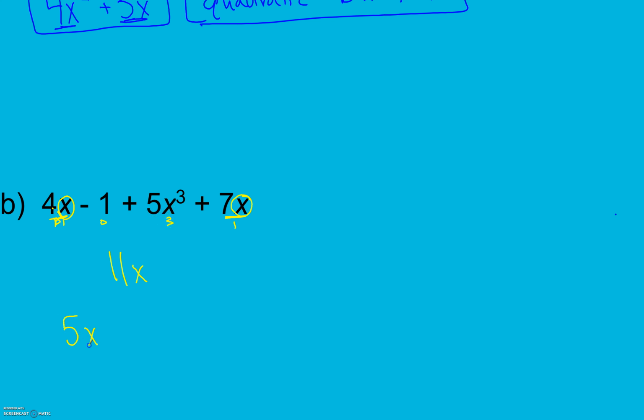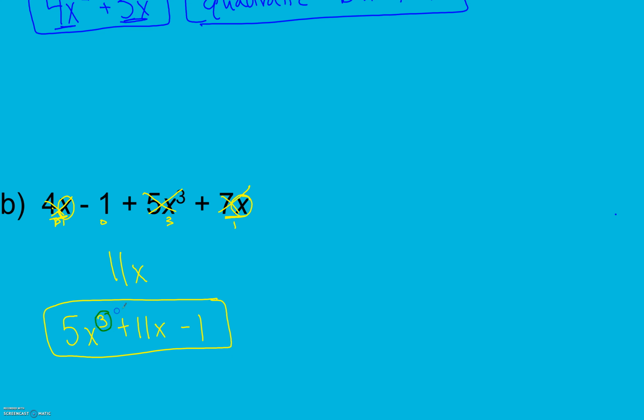So 5x cubed, then my 11x, and last minus 1. Again, biggest degree on down. So I have third degree, cubic, I have no quadratic term, I have a linear term and a constant term. Standard form.